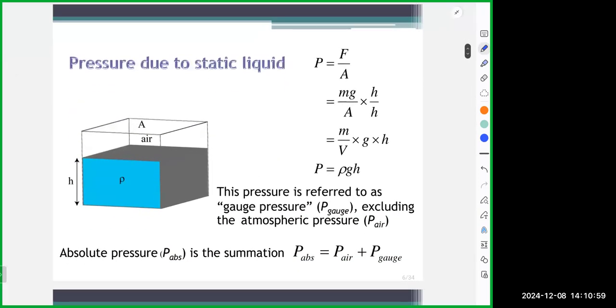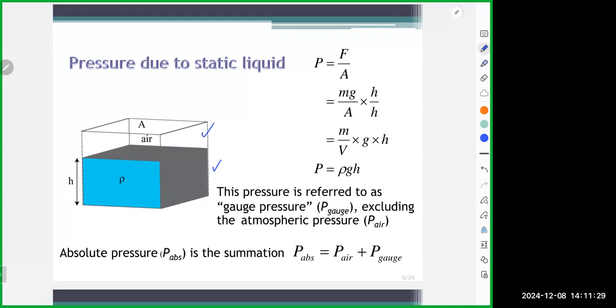So, the pressure due to a static liquid. As I mentioned, the liquid must be contained in a container. In this case, I consider a cube. There is a liquid in it, and here the gas is air.